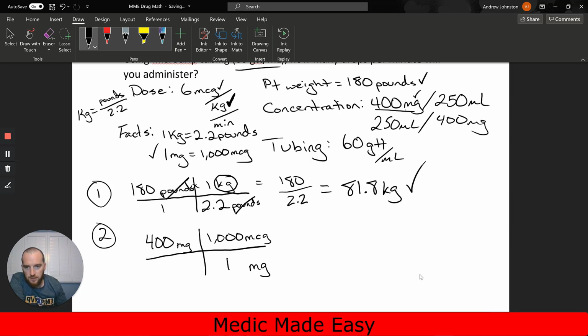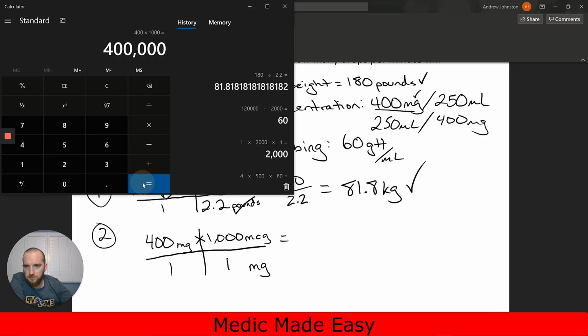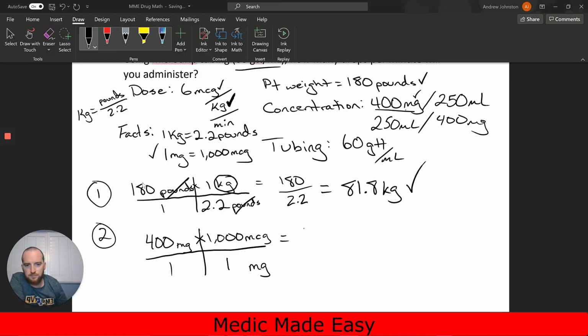Again, a visual placeholder if you need to, put a 1 in there. So 400 times 1,000, we're just going to multiply across the top. 400 times 1,000 is 400,000. And 1 times 1 is 1.